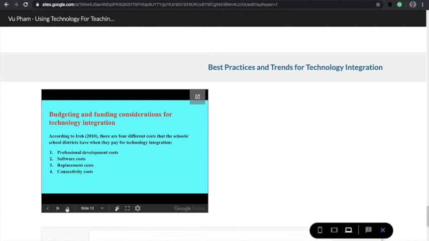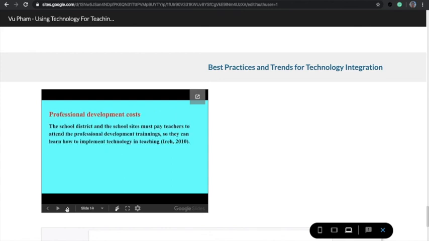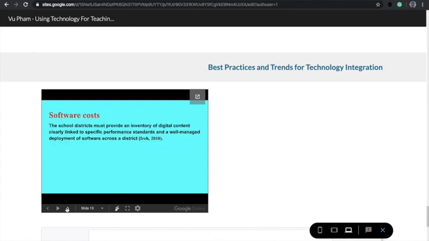After I did the research about budgeting and funding, I looked at my school district website and could not find any information that aligned to the 4 different costs that I found. However, when I talked to my principal about the funding, she just told me that she has to use the general fund that she received for a Title I school to buy the technology.